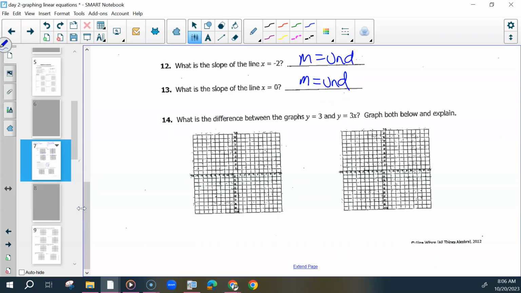Alright, then let's graph these two, and this will be the last thing we do today. So on the left, I'm going to draw y equals 3. And on the right, I'm going to draw y equals 3x.